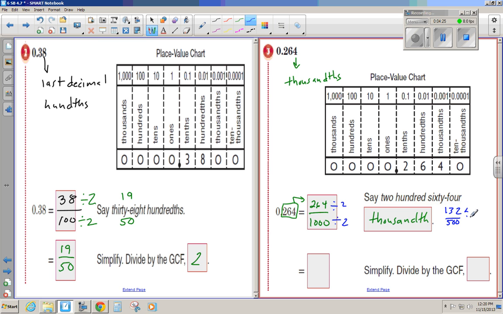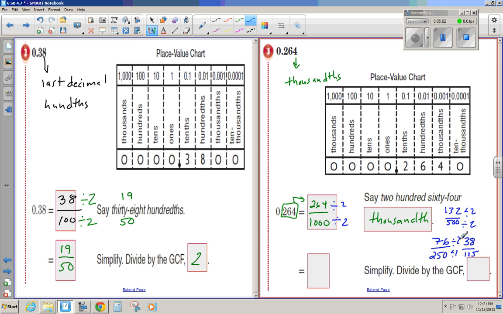You should see both of these are even again, so divide again by 2. And you can keep going through this process. That should be 76 over 250. If we divide by 2 again, you get 38 over 125. And from here, both of them, oh, I'm sorry, you divide by 2 again. So here, 38 is even, 125 is odd.